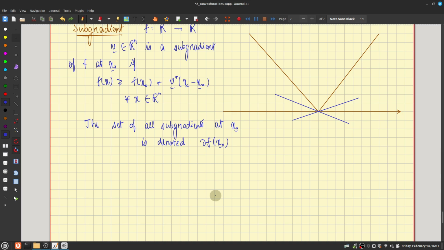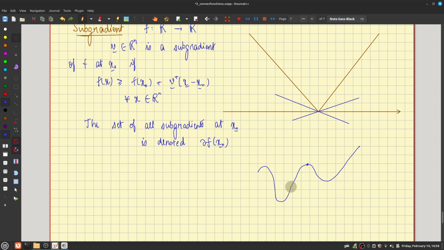But you should also note that the set of all subgradients could be empty for an arbitrary function. For example, let's take the following function, some function that looks like this. Let us take this particular point over here. Is it possible to draw a straight line that passes through this particular point such that the straight line is below the function everywhere?